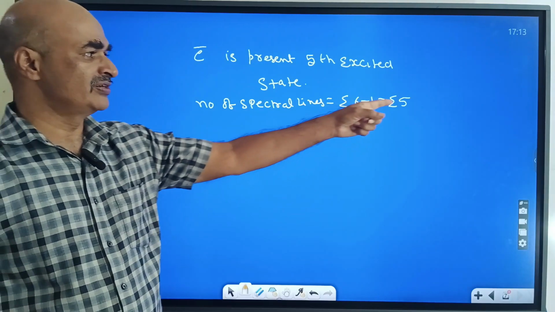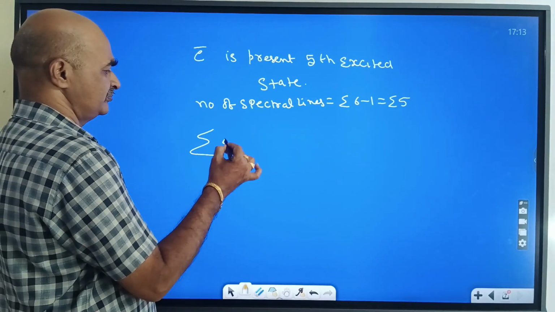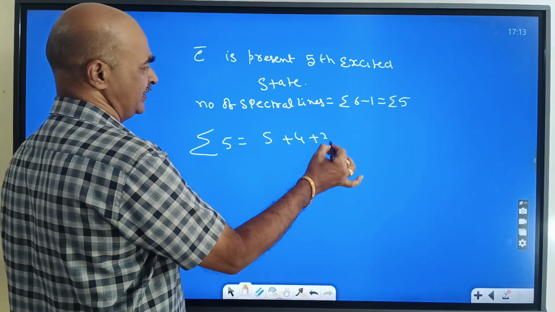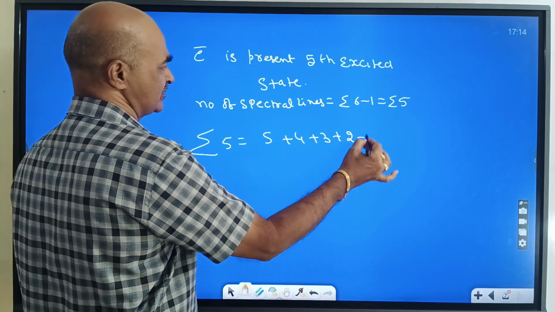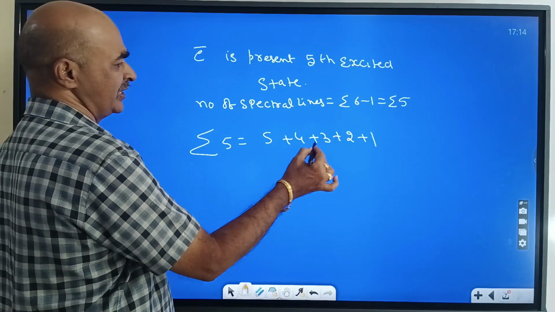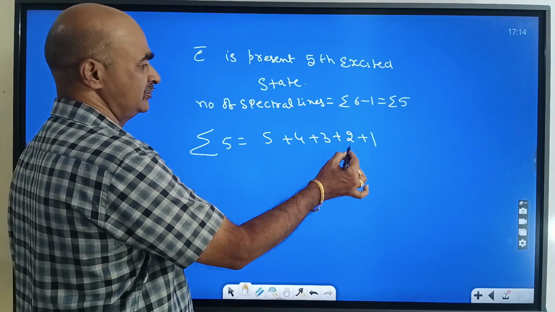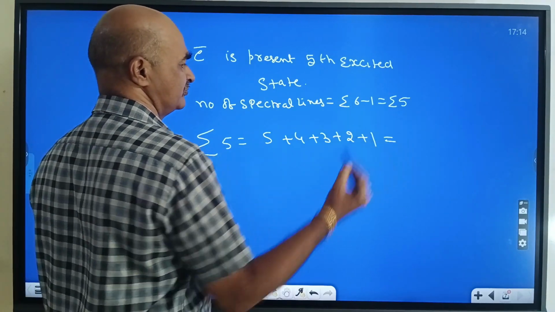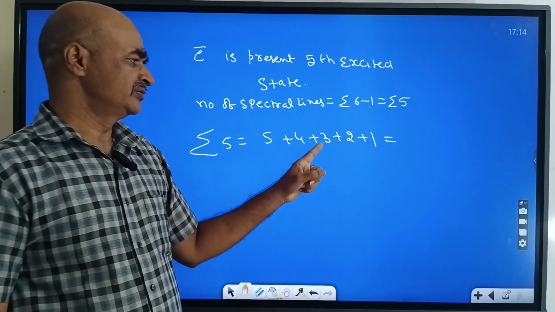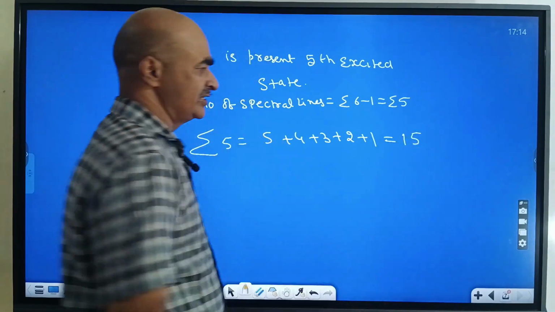Sigma 5 is equal to 5 plus 4 plus 3 plus 2 plus 1. That is 5 plus 4, 9, 9 plus 3, 12, 12 plus 2, 14, 14 plus 1, 15. Number of spectral lines is 15.